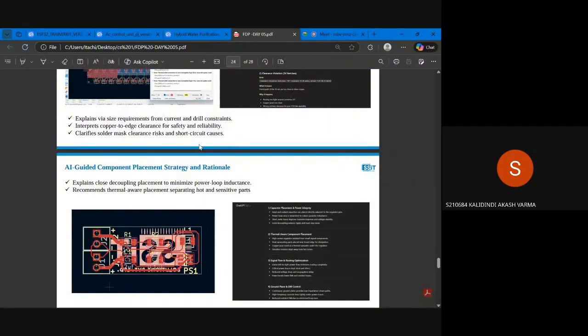Second, if any footprint and component are mismatched, the AI tool will recommend that this footprint and component are mismatched, so that before going for manufacturing, we have a chance to correct it in the software itself.